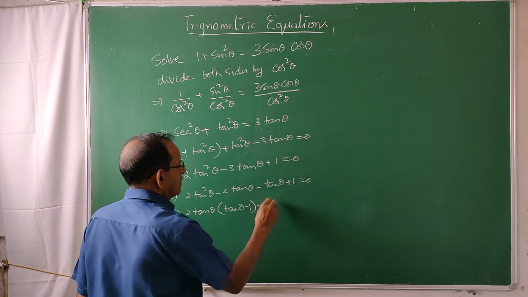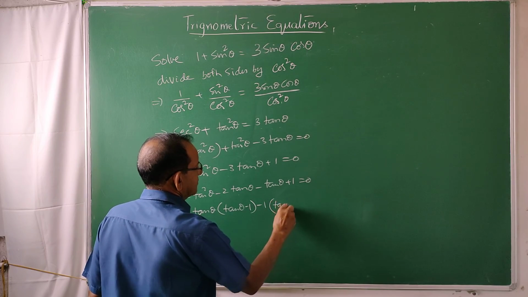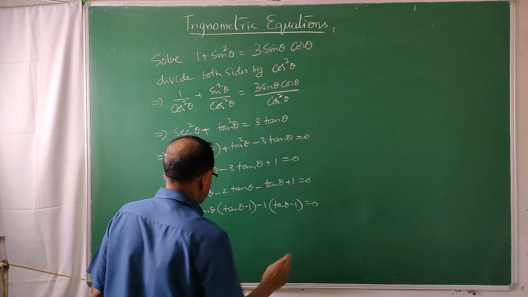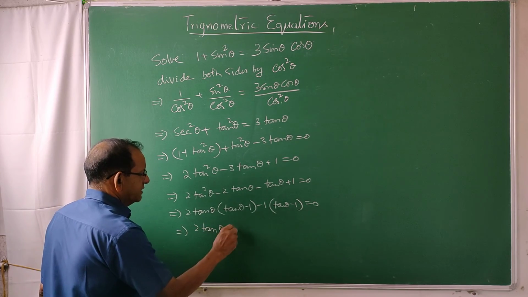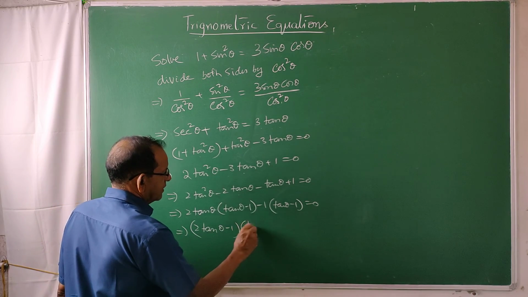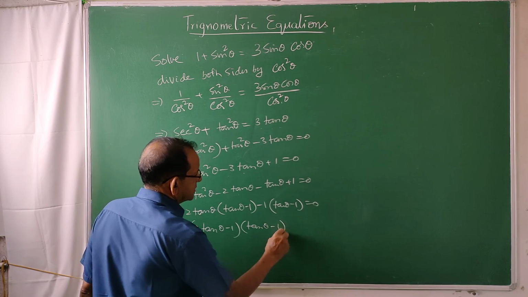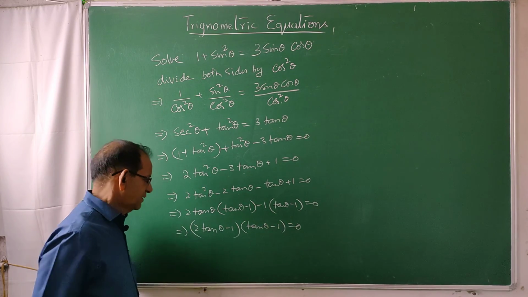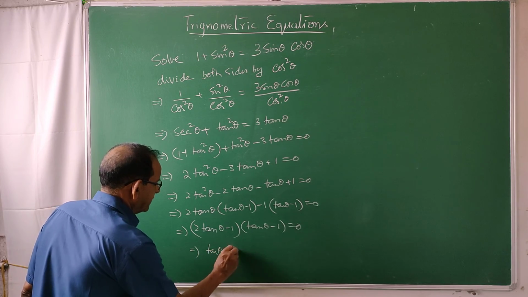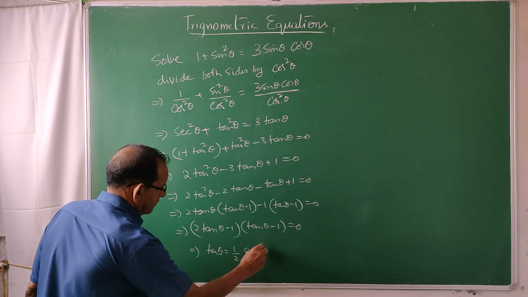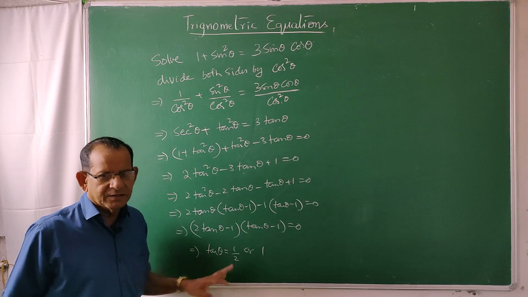Take minus 1 common: tan theta minus 1 is equal to 0. That implies 2 tan theta minus 1 into tan theta minus 1 is equal to 0. So from this, tan theta is equal to 1 by 2 or 1. Both the values are possible.